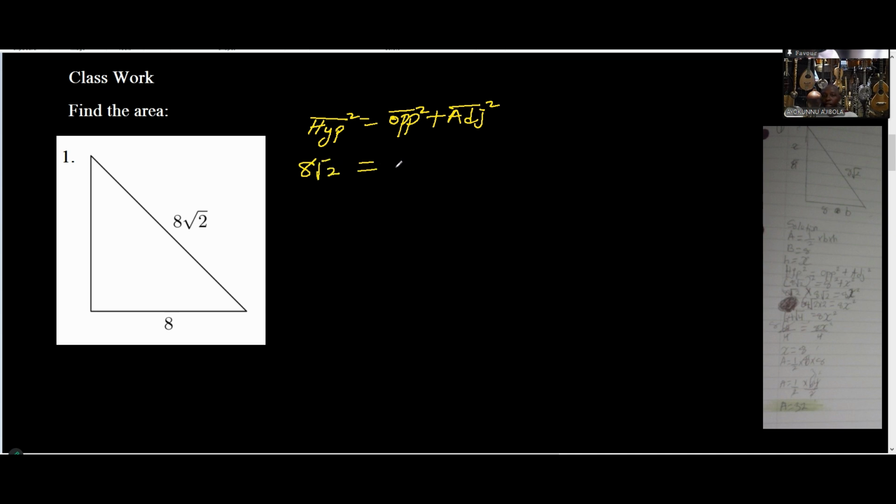We're looking for the height, so you say this is 8 squared plus h squared. Then h squared will be equal to 8 root 2 squared minus 8 squared.